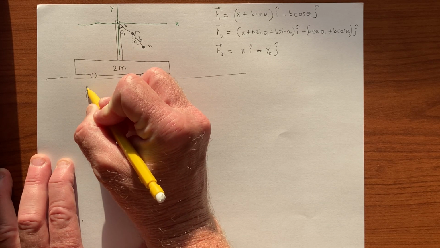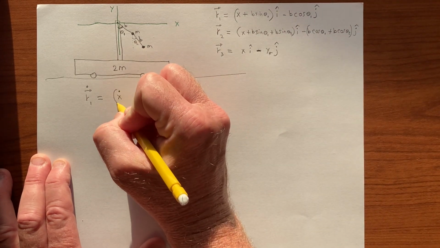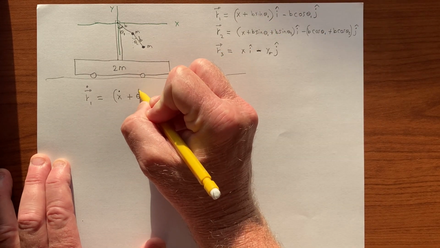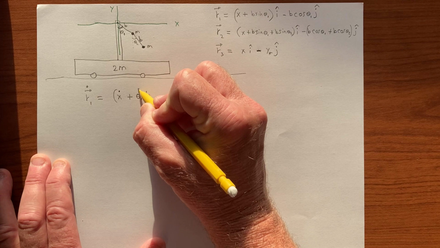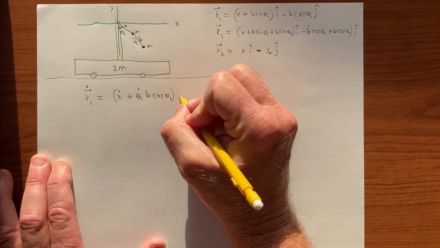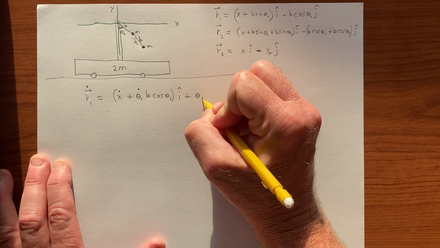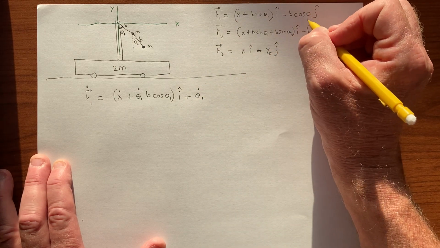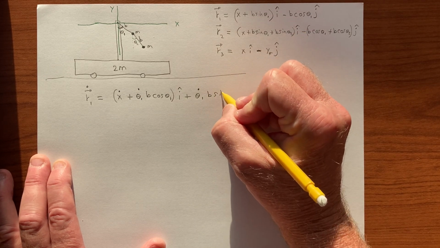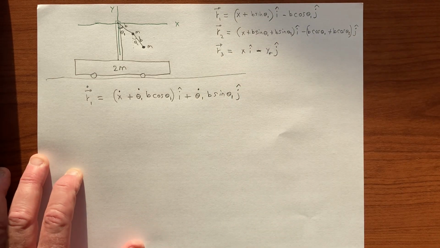So let's find the derivative. We have R1 dot, that is x dot plus the derivative of this term gives us theta 1 dot b cosine of theta 1. And then we have plus theta 1 dot b sine of theta 1, and that's the y component.